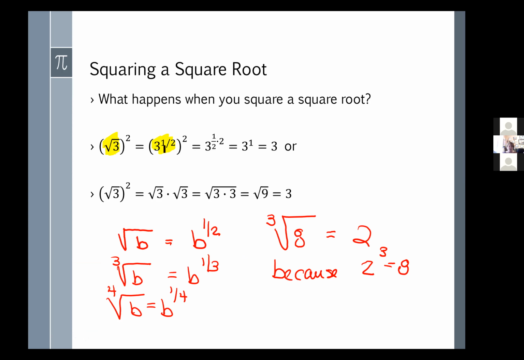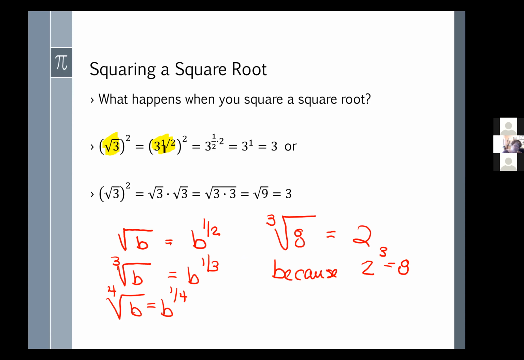That's a law of exponents. Now, I just gave you another law that says when I raise a power to a power, I multiply the exponents together. So 3 to the 1/2 raised to the second power is 3 to the 1/2 times 2. You can multiply the exponents, multiply the 1/2 times the 2.